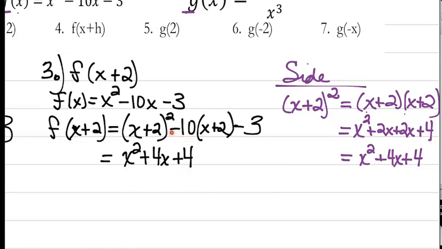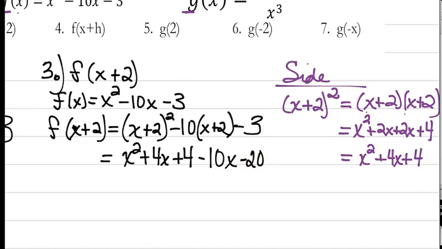Now I have to take care of that minus 10 times x plus 2. I've already said that that minus 10 is a negative 10. So I'm going to take the negative 10 and multiply by the parentheses x plus 2, which means I'm going to distribute. I'm going to get a negative 10x minus 20. Negative 10 times the plus 2 gives me a negative 20.